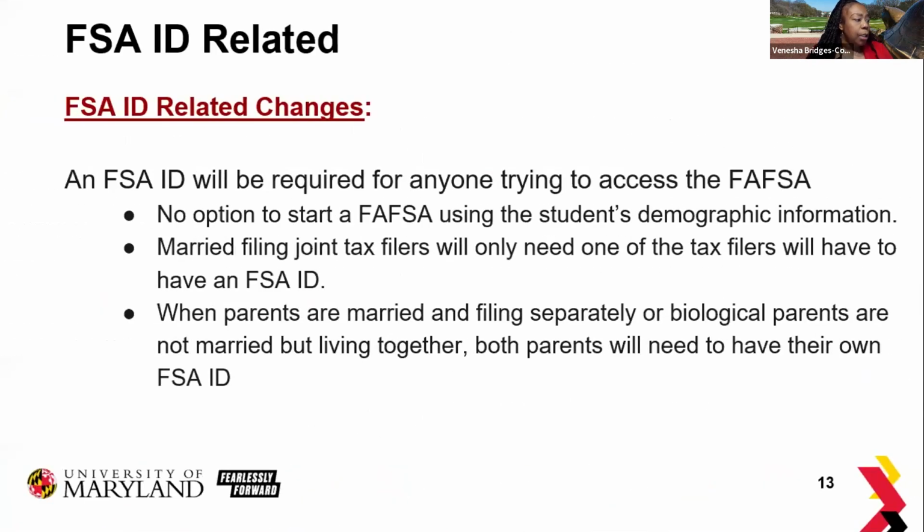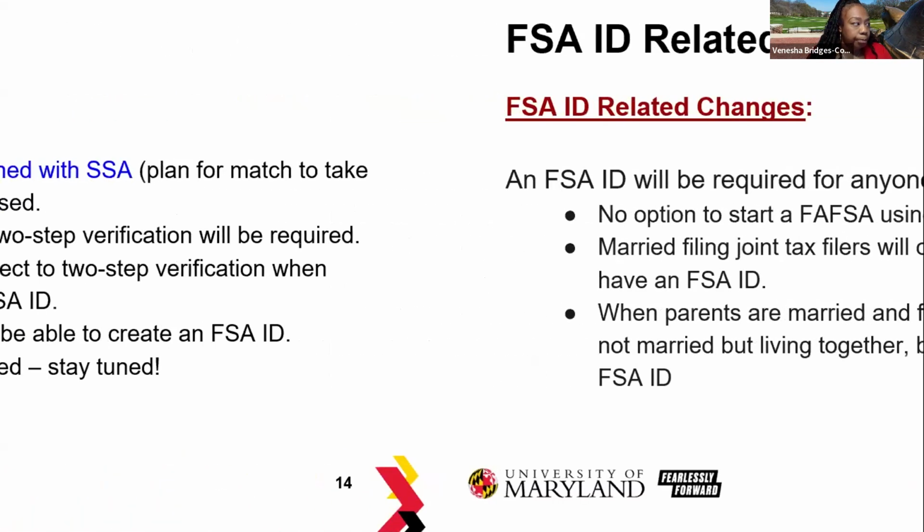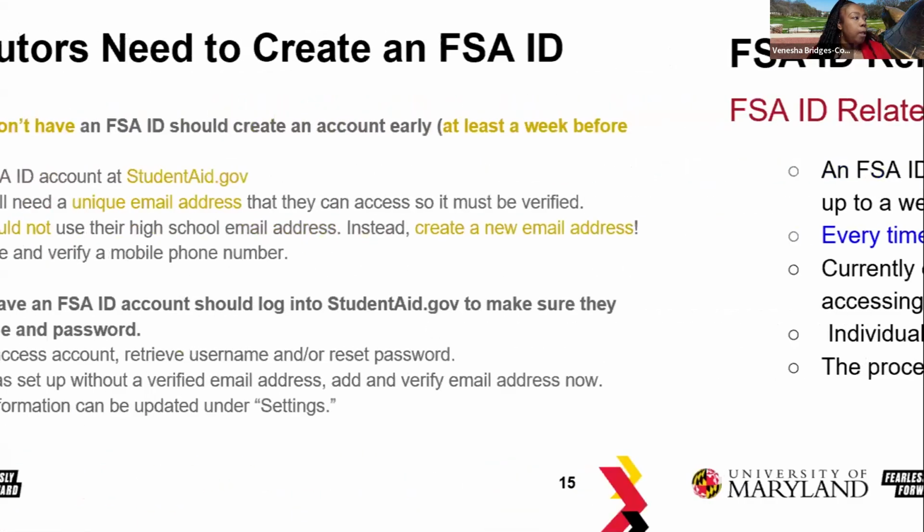Okay. In addition to that, there are some changes with the FAFSA for students who may not be U.S. citizens or permanent residents or do not have a Social Security number. An FSA ID is still required, but they do allow you to create that without having a Social Security number as well. Okay.